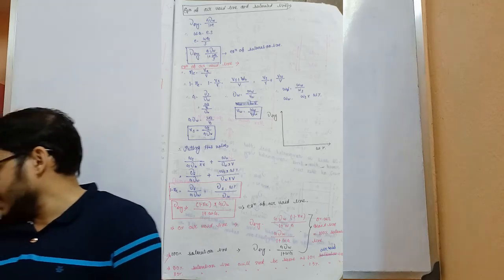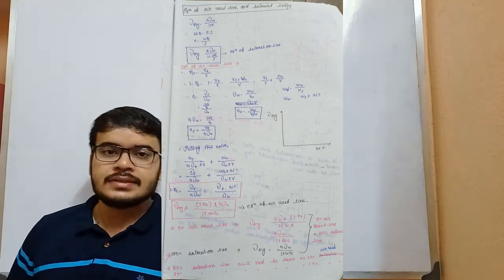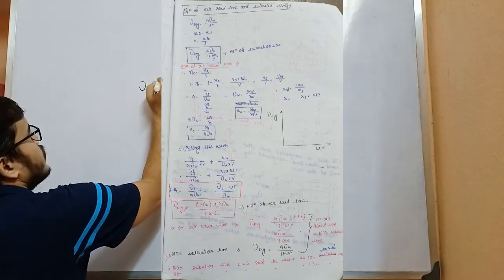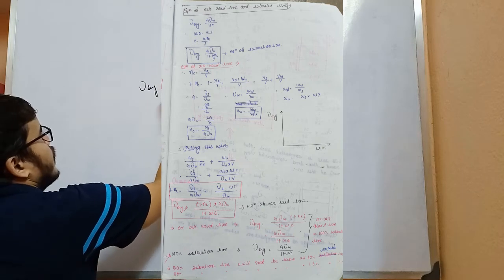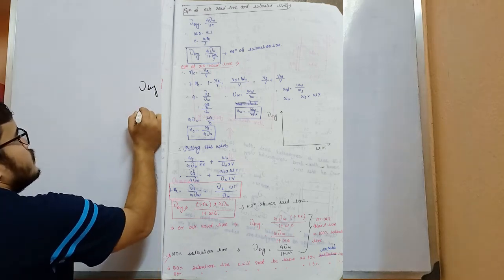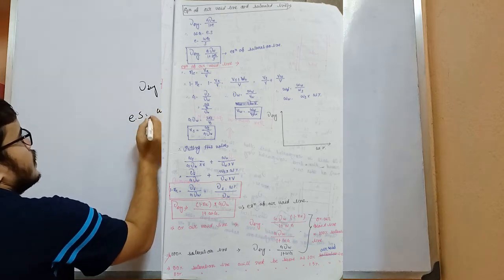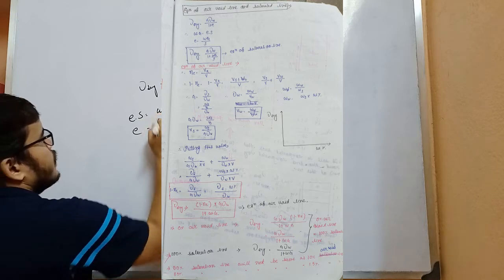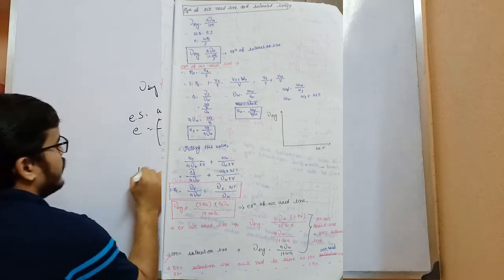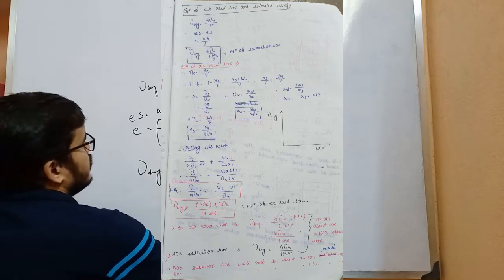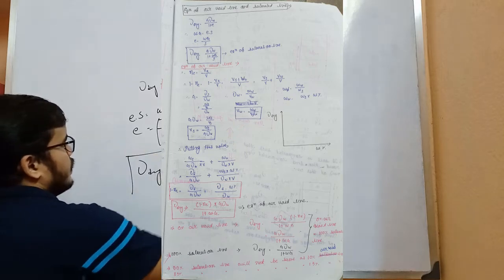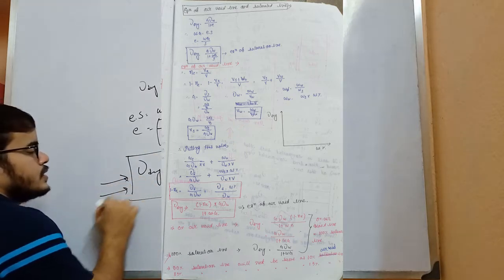And now the two equations are important. First case, equation of air void line and saturated line. As you all know, gamma dry equals G gamma W by 1 plus e, and we all know this formula, e S equals w G, so e equals w G by S. Put this value of e here: gamma dry equals G gamma W by 1 plus w G by S. That means this is the equation of saturation line.